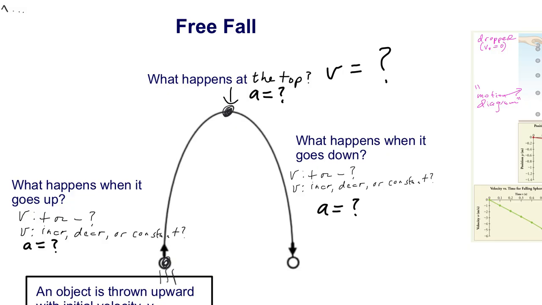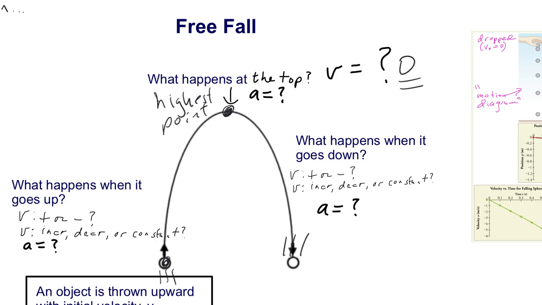So what happens at the top when you throw a rock and it reaches its highest point? The v at that point would have to equal 0. It has to stop before it turns around. And on the way down, of course, it picks up speed from the top.